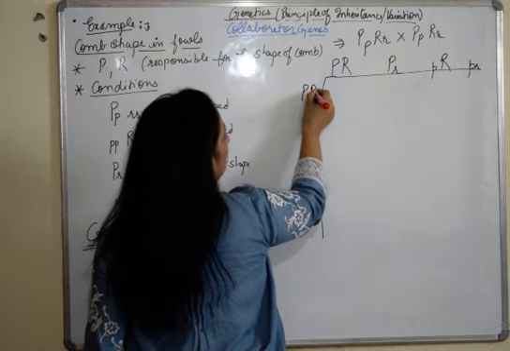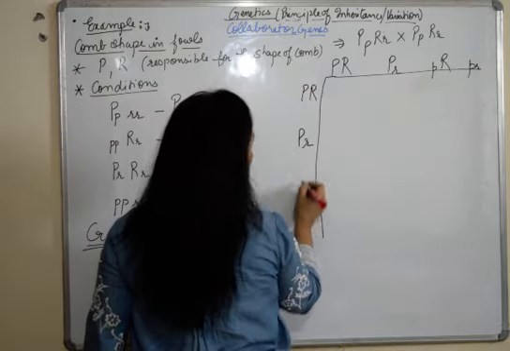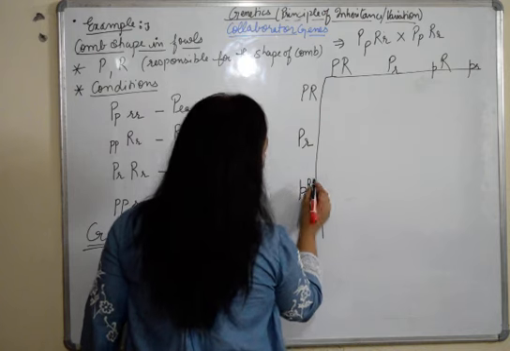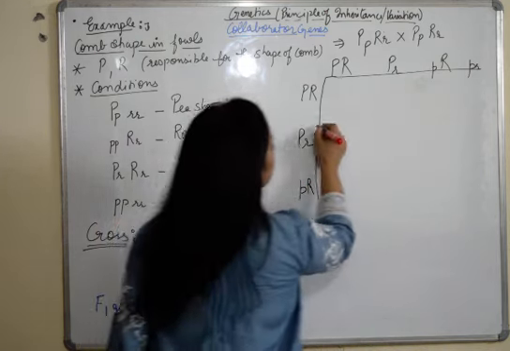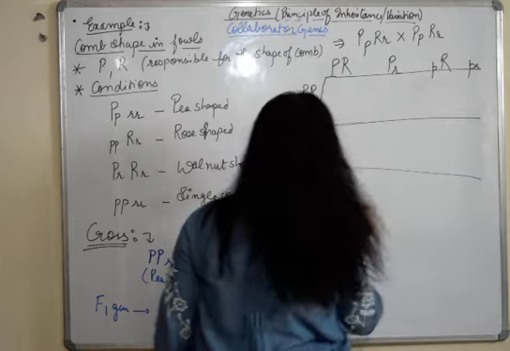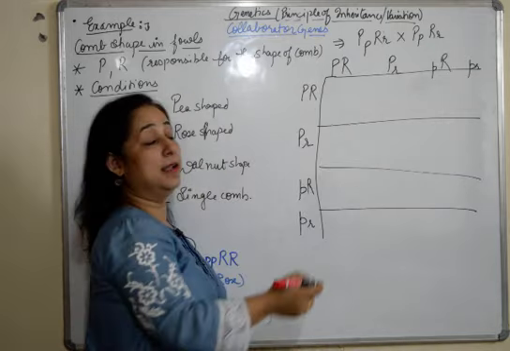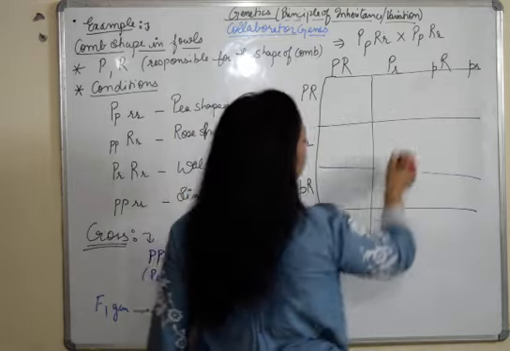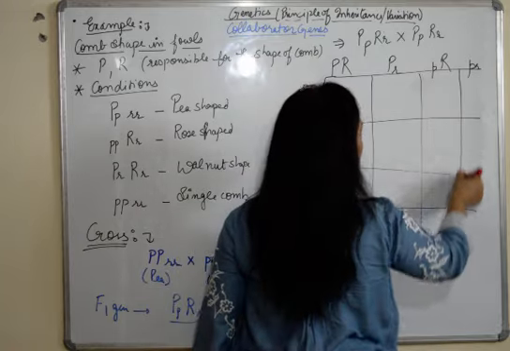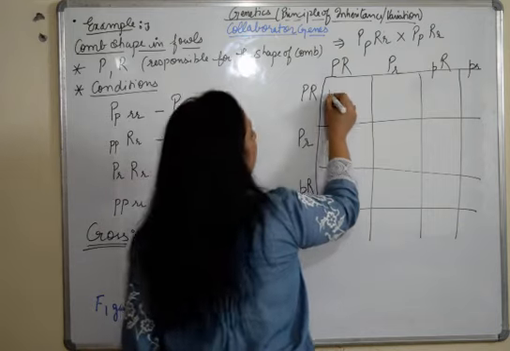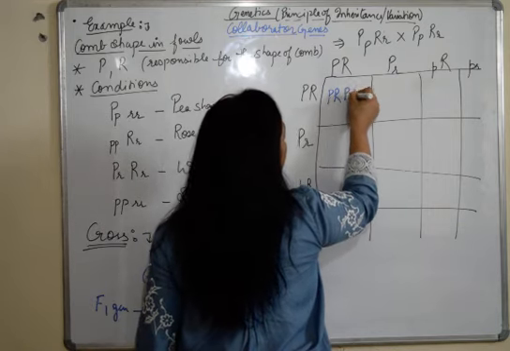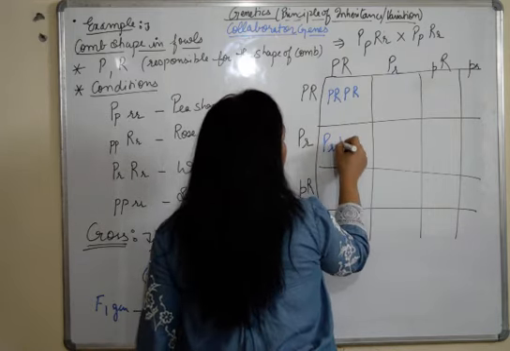If you don't know this funda, you can watch my video on dihybrid crosses where I have made it very easy for you to learn how a dihybrid cross is made. The link is given in the description. You can go to that link and watch. Now what do we get here? What is the result? Again, quickly, if we know how to make a cross, it will take a few minutes.